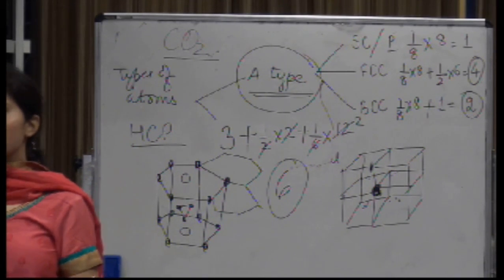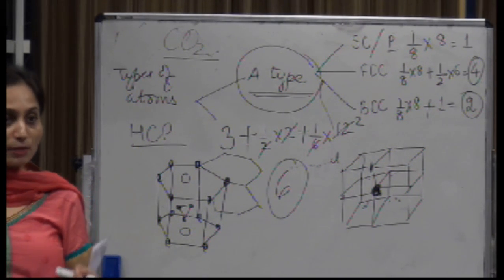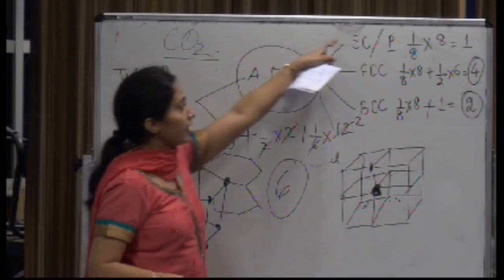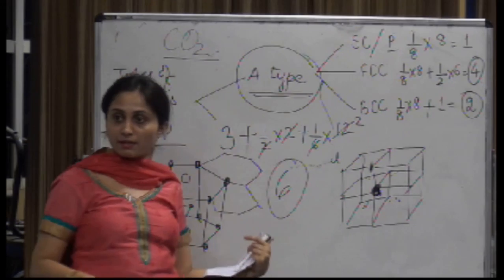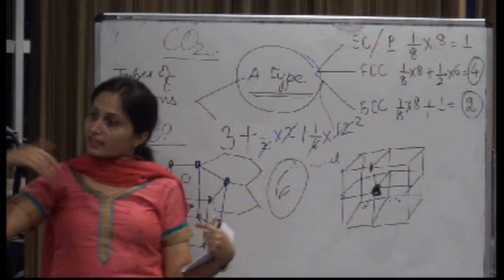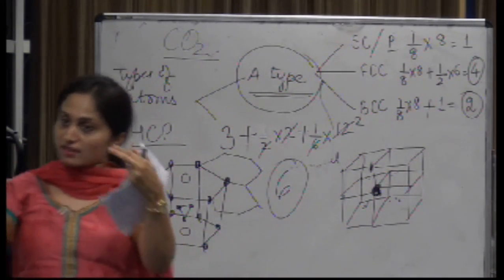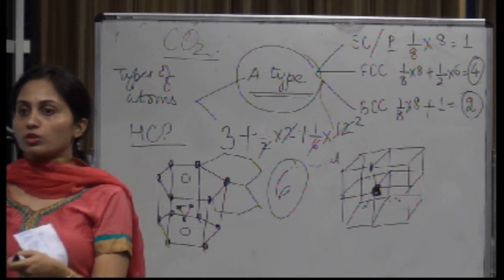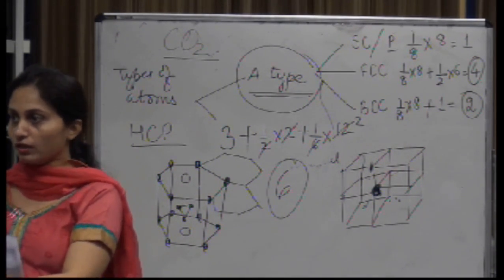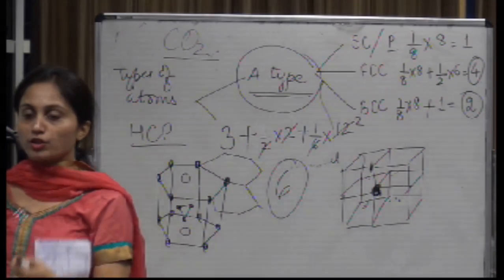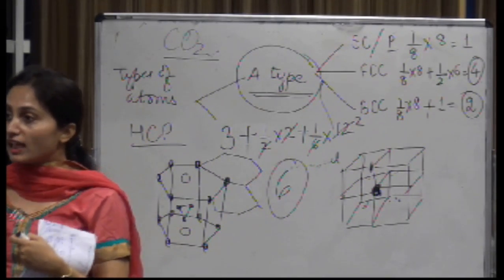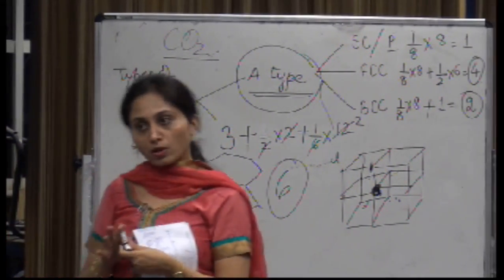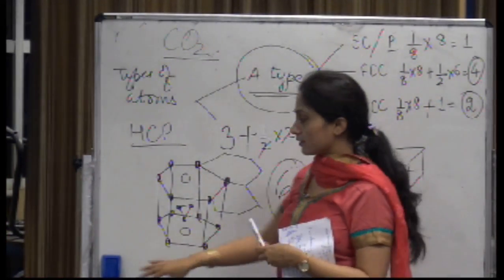Nearly 80% of the elements present in the periodic table exist in one of these 4 forms: SCC, FCC, BCC or HCP. Okay, because 80% of the elements exist in these four forms, they have been picked for your study, so that you cover what is more important in nature rather than doing each one. Otherwise there are 14 Bravais lattices. They are given in your book also, and we shall be doing that in the next class.